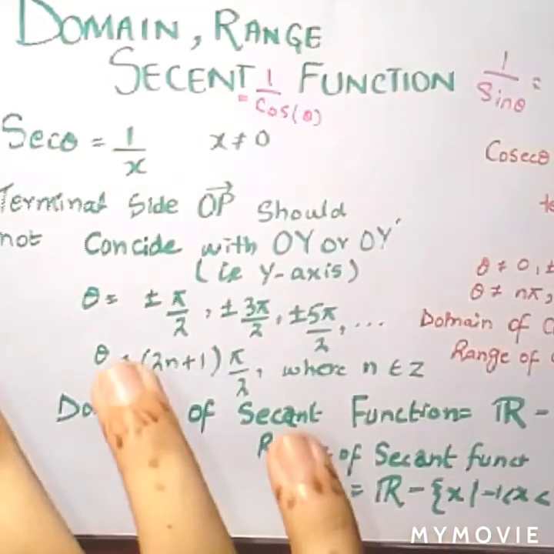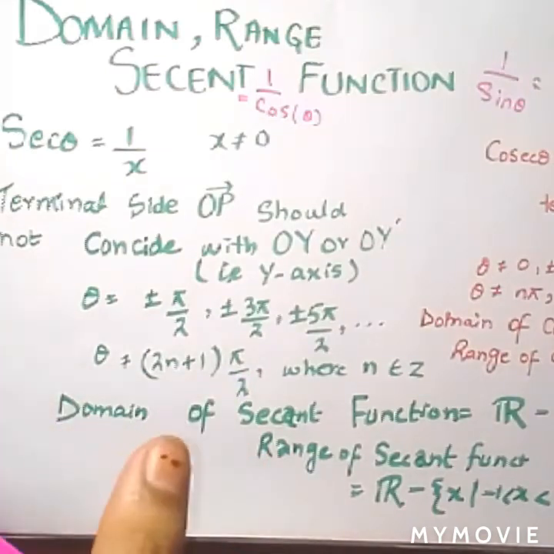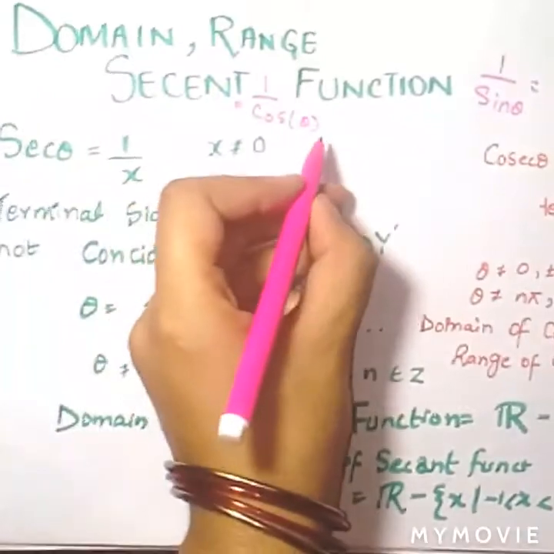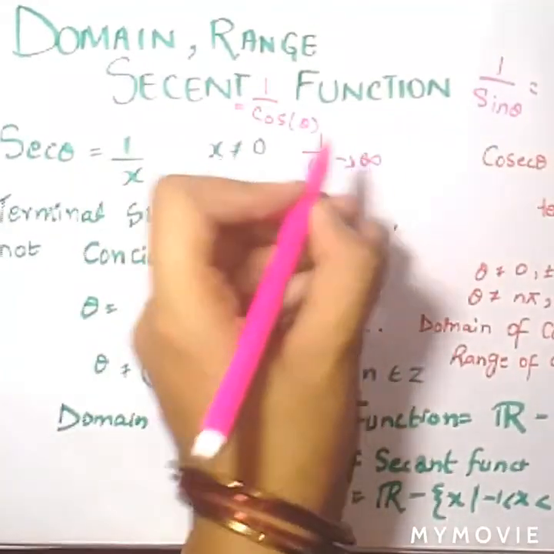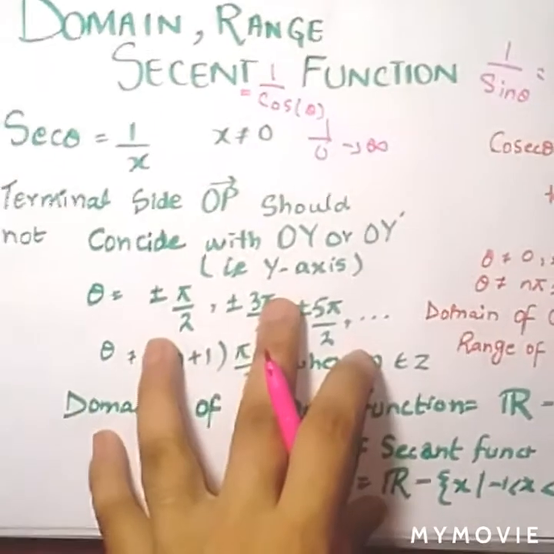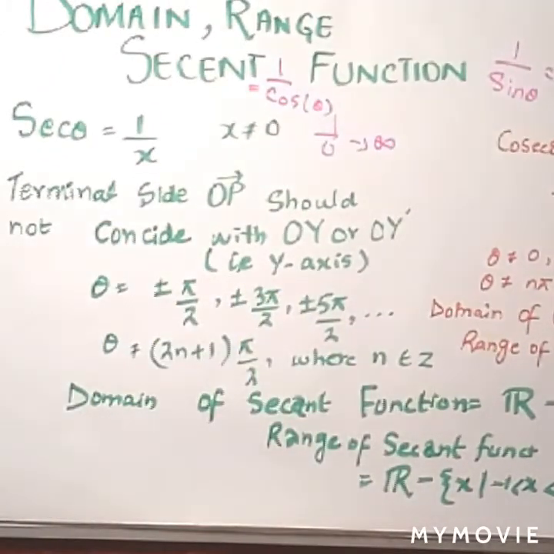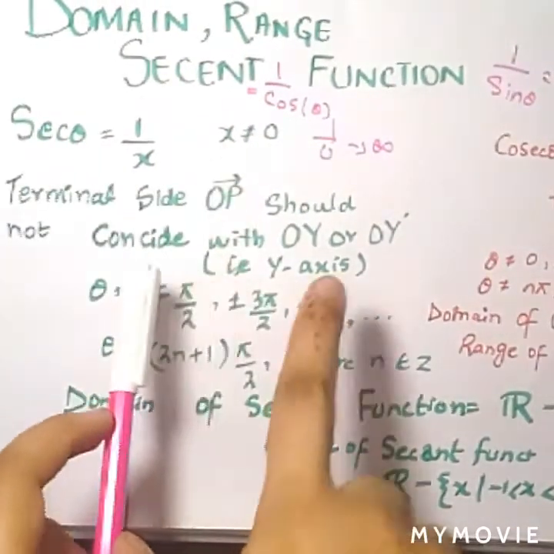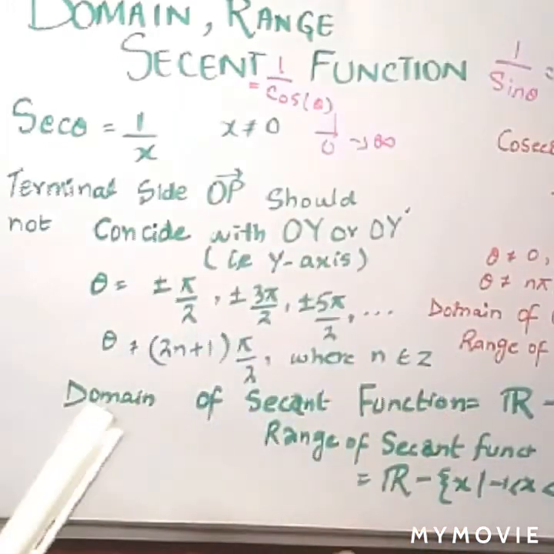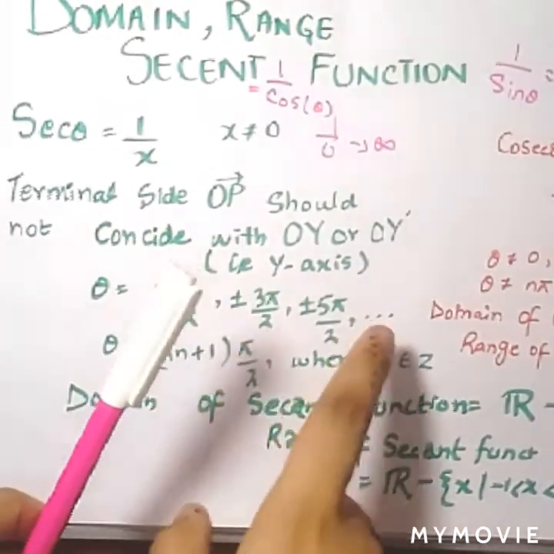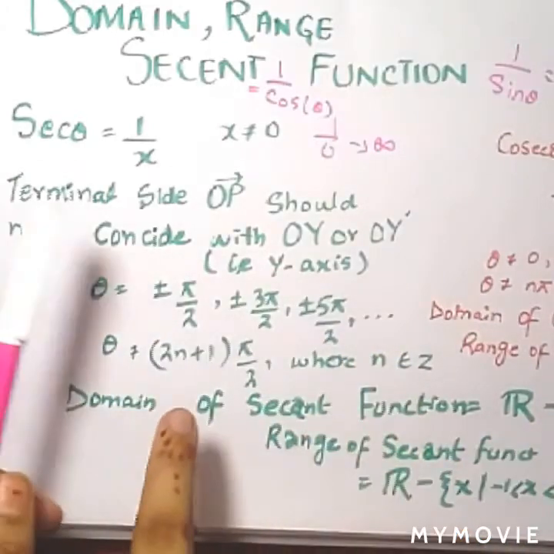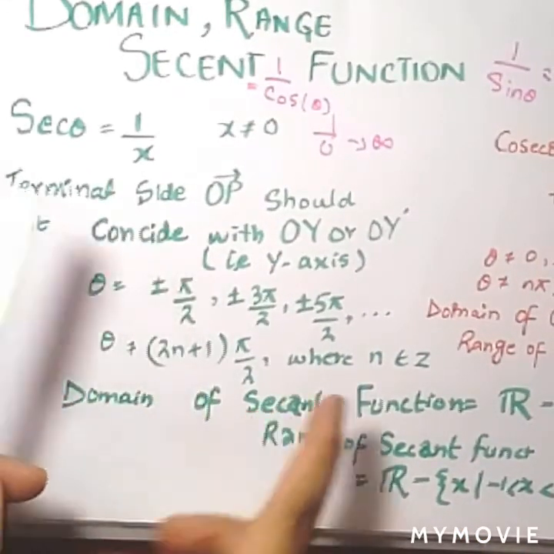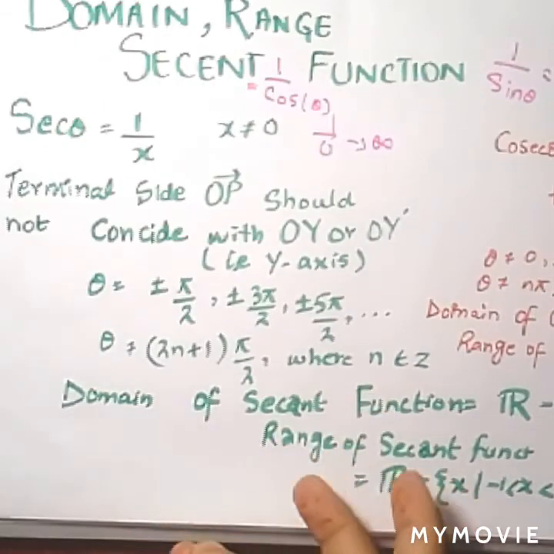If x or y is 0, then 1 over 0 is an infinite condition, and we have to avoid it. The terminal side should not coincide with OY, which would make pi by 2, 3 pi by 2, 5 pi by 2 and so on. You can call it (2n plus 1) pi by 2, where n is an element of the whole numbers.